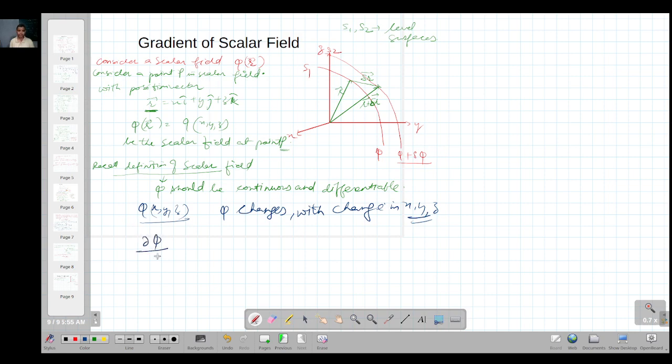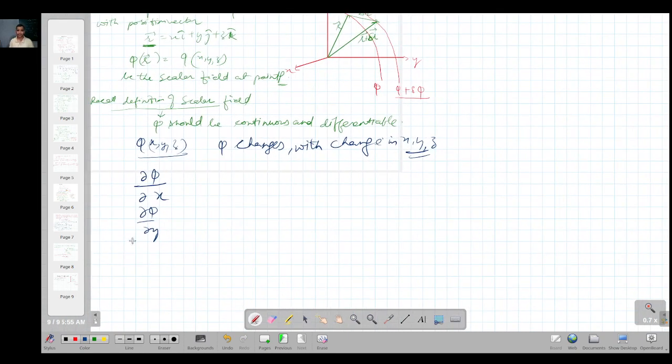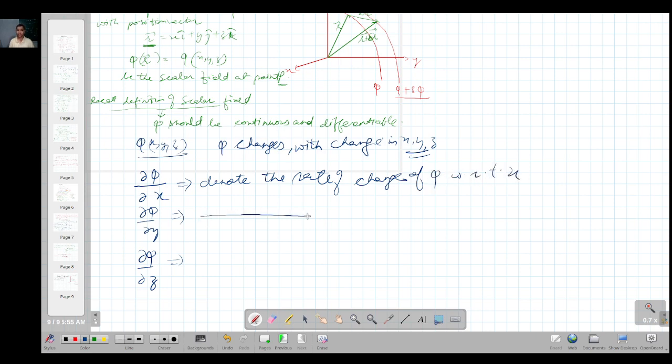Therefore ∂phi/∂x, ∂phi/∂y and ∂phi/∂z, these all denote what? They denote the rate of change of phi with respect to x. It denotes the rate of change of phi with respect to y, and this also denotes the rate of change of phi with respect to z.